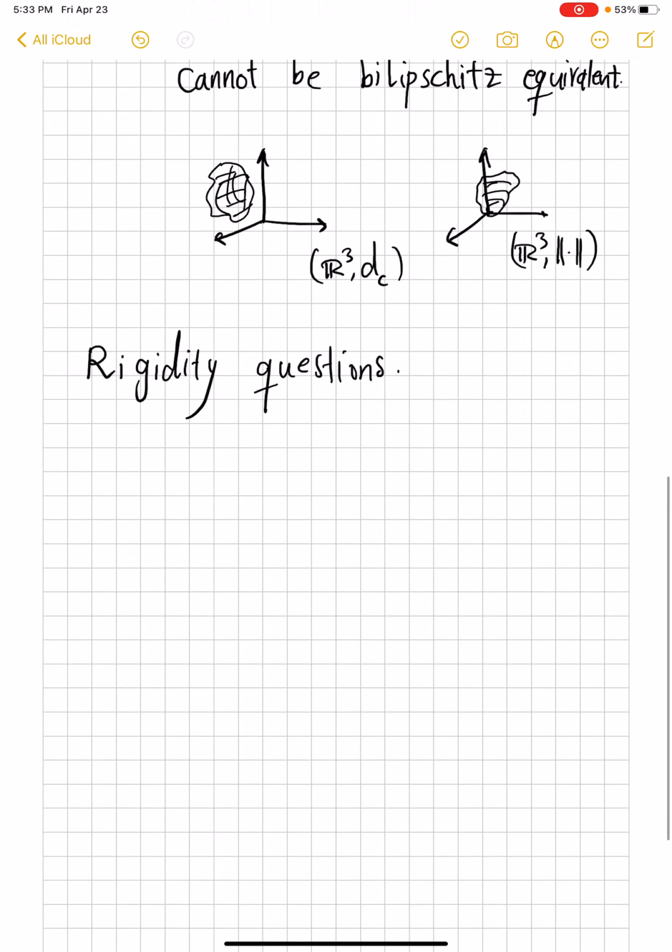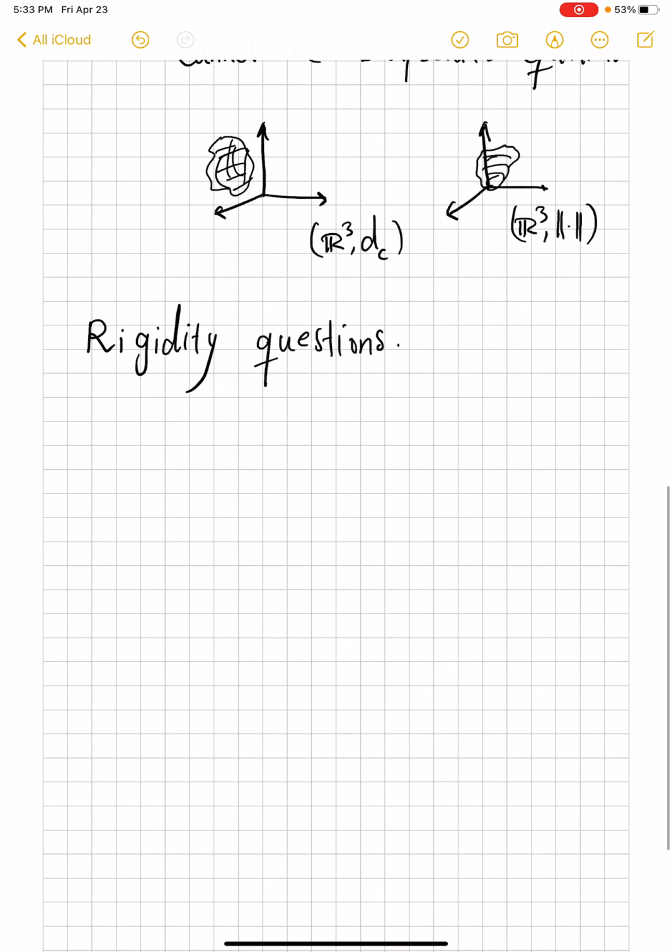Now, this is how we compare two metric spaces. What can we say about just one metric space, what kind of structure is on this space, and what objects can we talk about on this space?